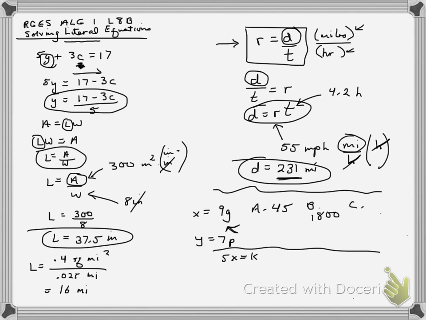M, to solve for x, I'll subtract e. N, to solve for x, I'll add 7. O, to solve for x, I'll subtract w. P, to solve for x, I'll multiply by 3. And Q, to solve for x, this is a little trickier.